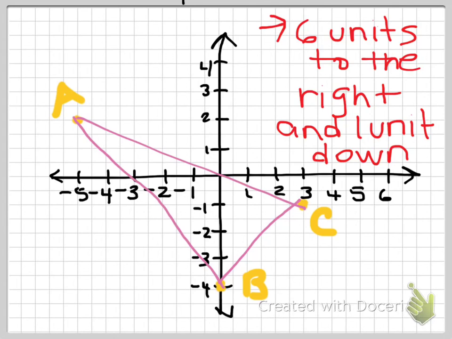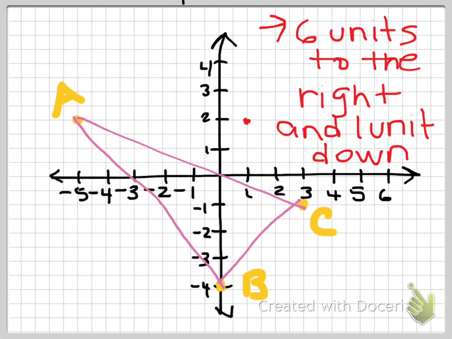So if I take A, it's at -5, 2 right now. I'm going to move it 6 units to the right, so I count -4, -3, -2, -1, that's 4. 0 is 5. Then we have 1 more, which is 6, so that makes my new point right here.